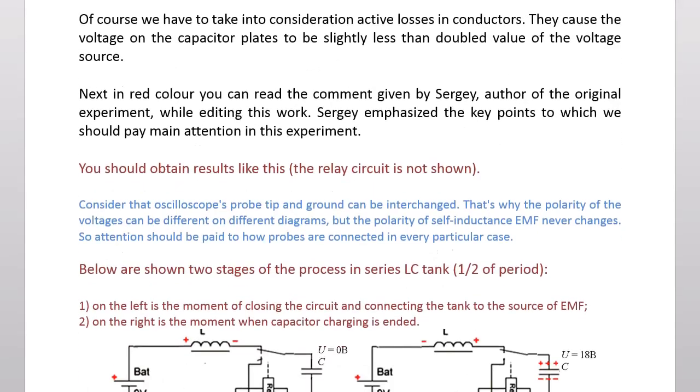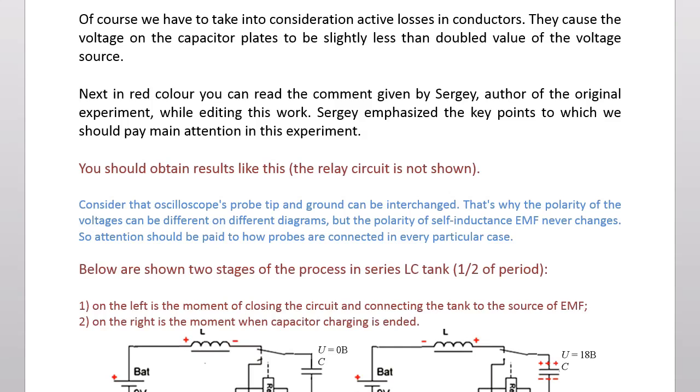Of course, we have to take into consideration active losses in conductors. They cause the voltage on the capacitor plates to be slightly less than double the voltage of the source.